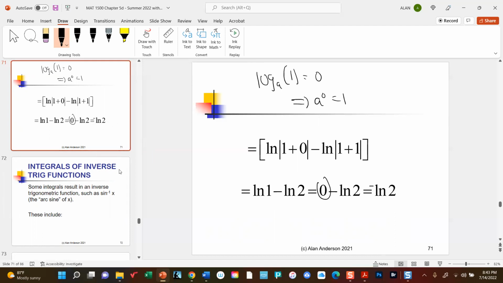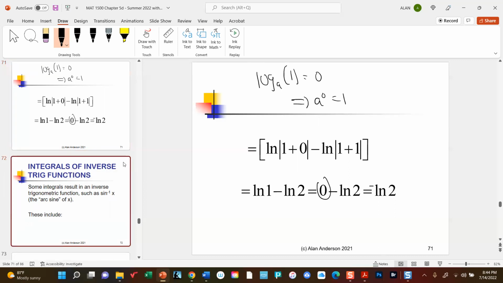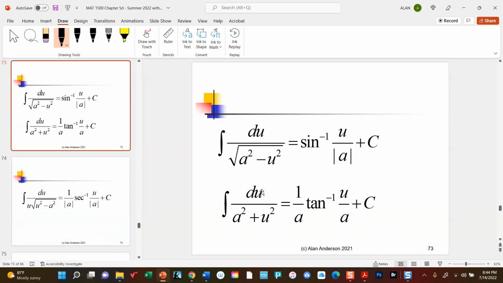Now, here's where our old friend, the inverse trig functions, come into play. The arc sine, the arc cosine, the arc tangent, and all the rest. What happens is certain integrals have a form that you start to recognize after a while.